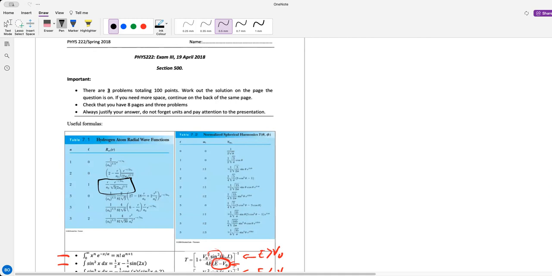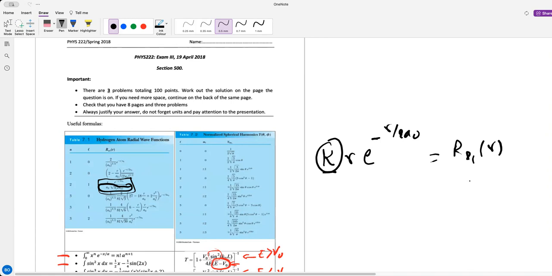By the way, let me make it clear: I will put it as K r exponential minus r over 2a0, where K is a constant. I just don't want to write it all down. So this is R21 of r. And then we also want Y10 of theta and phi.